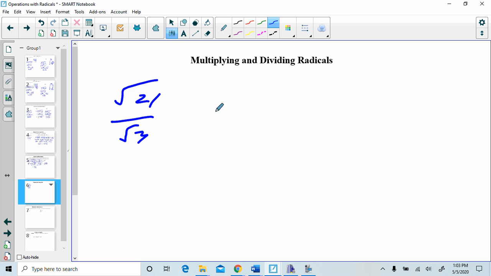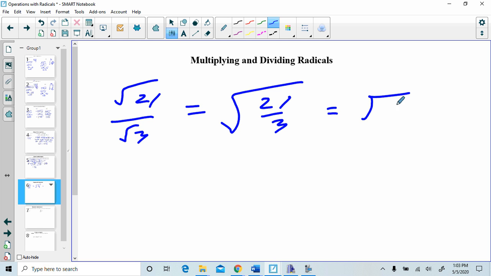All right, so from here, you can write this whole thing as a root. 21 over 3, which equals to root 7. Okay, that's one of the simpler ones.